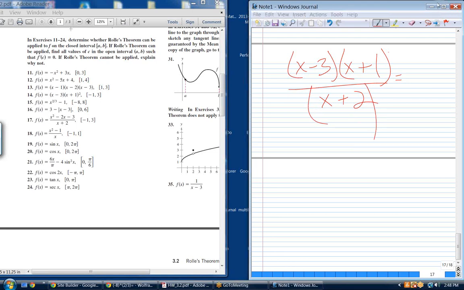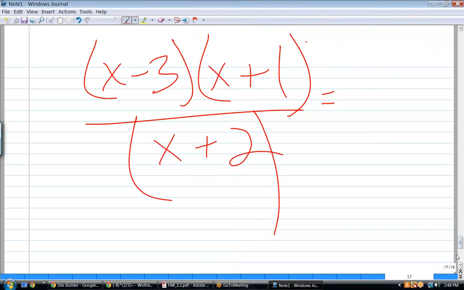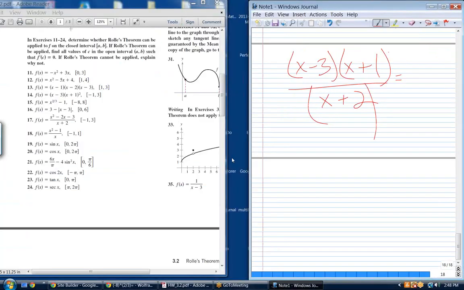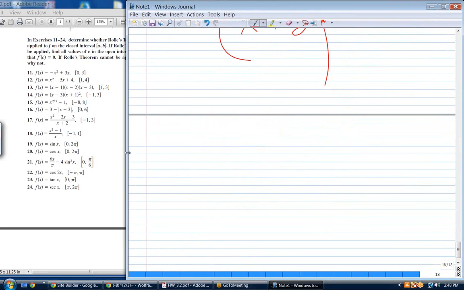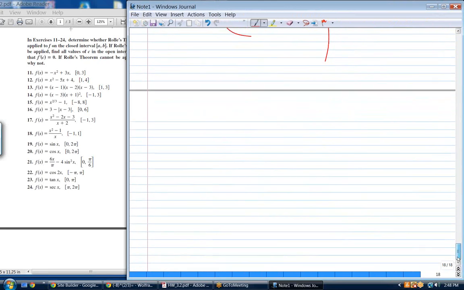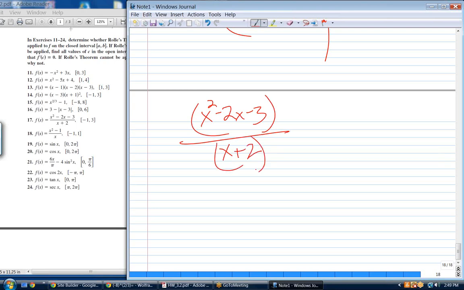Step 1 would be to differentiate, wouldn't it? Differentiate it using the quotient rule. And it's going to be easiest to differentiate if we don't factor it, I believe. One reason I factored it is I thought something was going to cancel out.